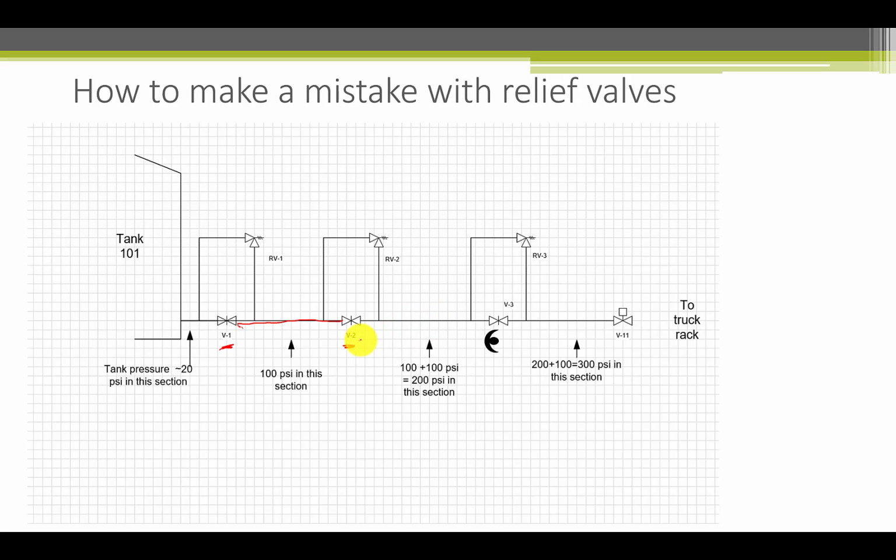And then from this valve to this valve, you could block this liquid. And then similarly for this segment. Notice that each one has a relief valve. The purpose is to dump the pressure to the previous section and ultimately back into the tank where it can reverse flow and relieve the pressure.